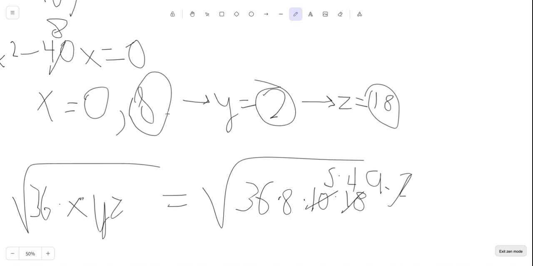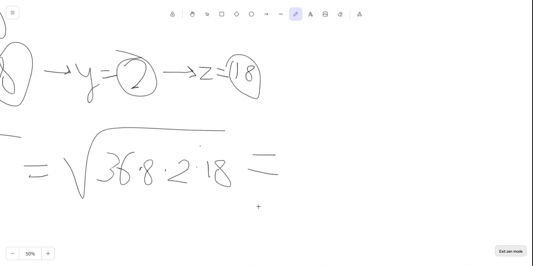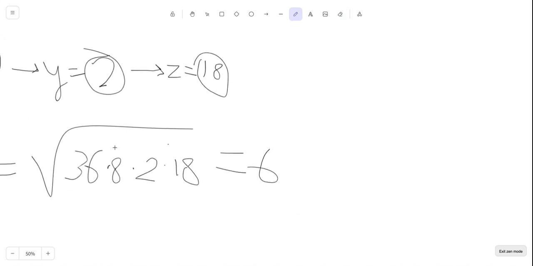Don't make a mistake like that, sorry. X plus y is 10, so y is 2, and the rest goes nicely. Anyway, y is 2, so we get a 16 out of here. If you take out the 36, you get a 6. These multiply to 16, you get a 4.